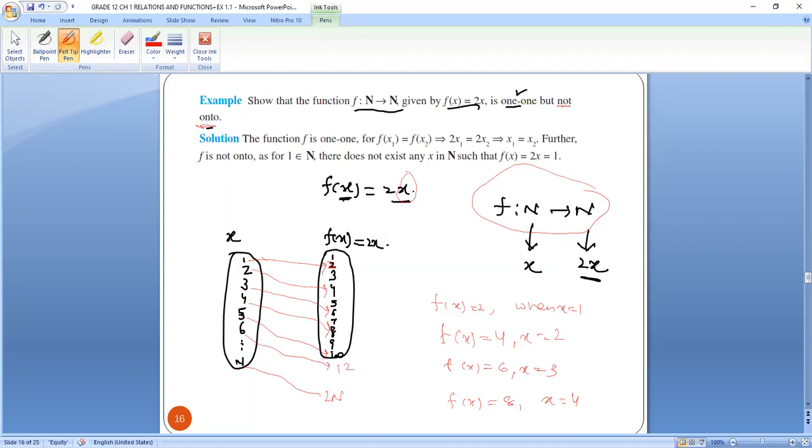Now this set is not onto. Can you tell me why it is not onto?